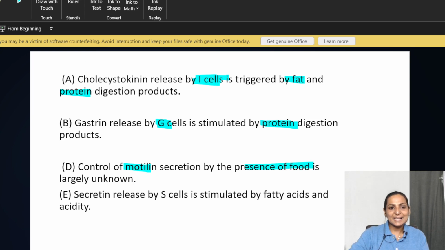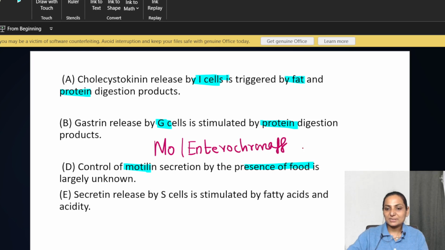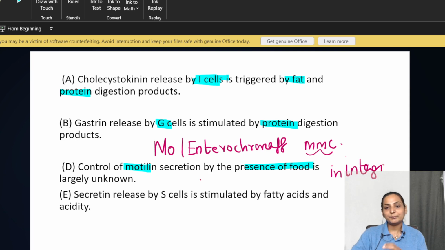It is not exactly known which food will secrete motilin, because it is secreted by the Mo cells or the enterochromaffin cells, and it is responsible for MMC, that is migratory motor complexes, which are nothing but the interdigestive movements. So it does not take part in digestion, but in interdigestive movements.